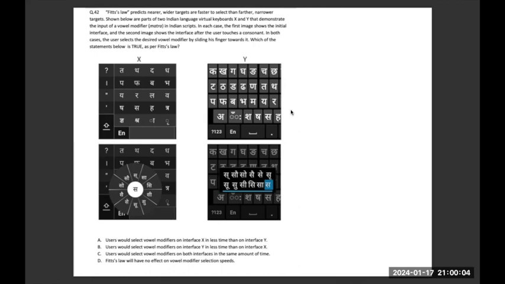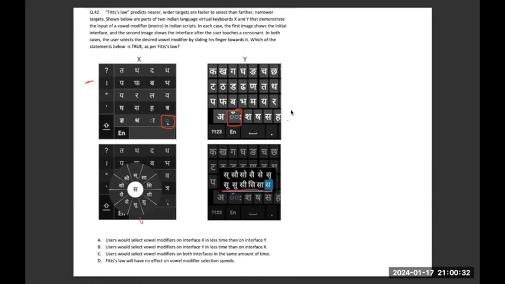In each case, the first image shows the initial interface, and when you expand, for example, when I touch this part, I will get this kind of a matra. When I click on this part, I will get something like what I see here. Which of the statements below are true according to Fitts law?